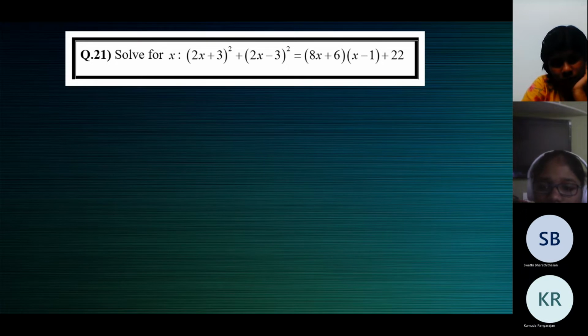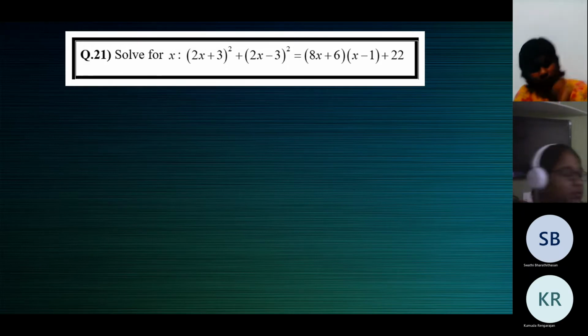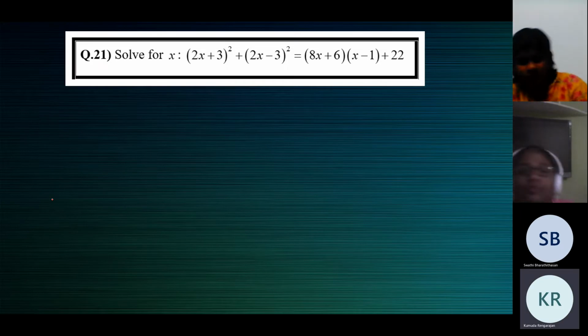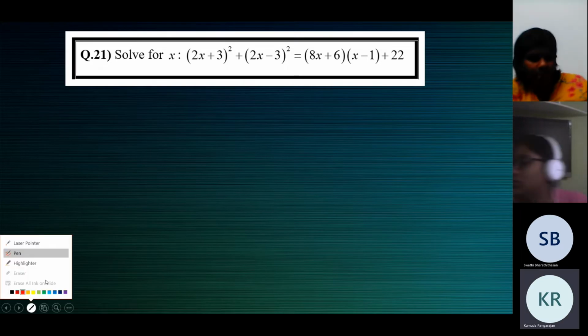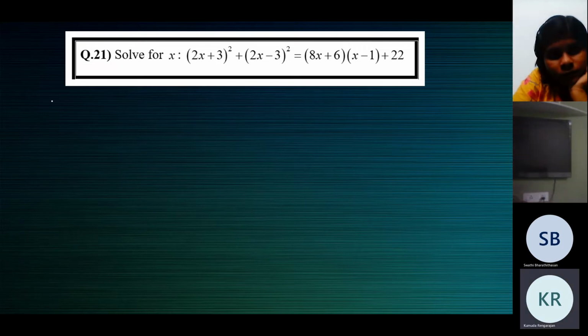Yeah. So see this one. Solve for x. So at this point, I need to introduce two identities to you. There is an algebraic identity. For now, you just take the identity.